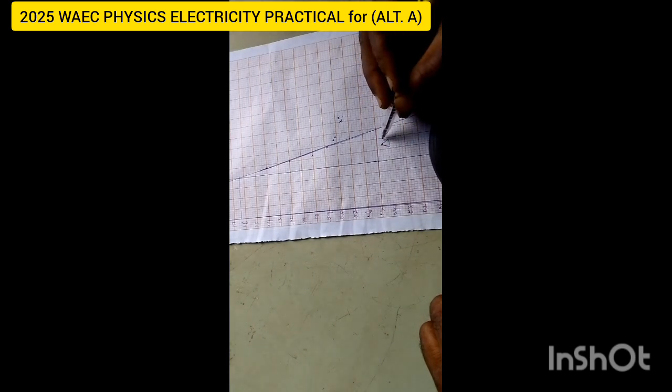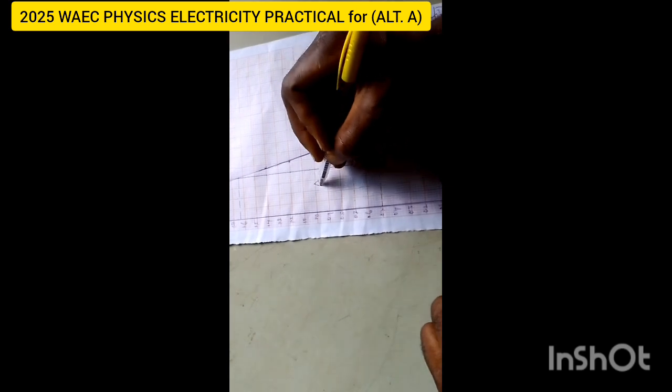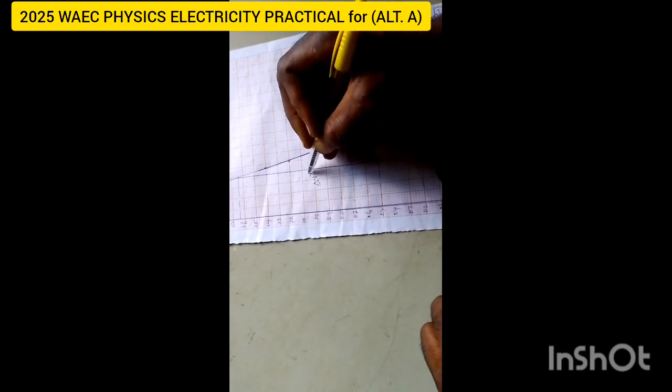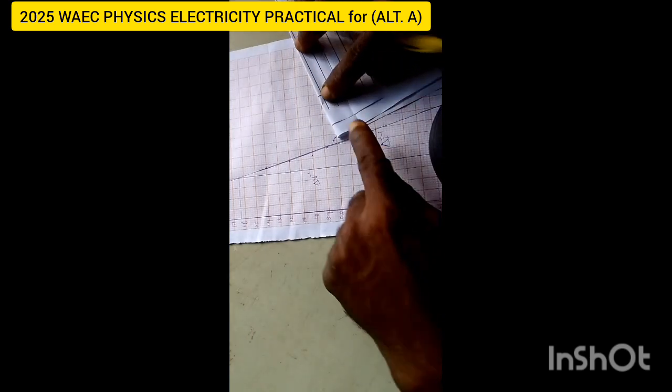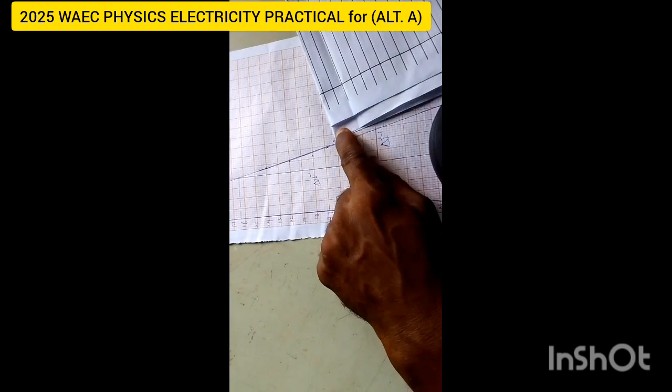Remember, here is delta I inverse, while somewhere here is delta V inverse. Now, for us to calculate our slope, please do not write on the graph, or you can write on a sheet of paper.